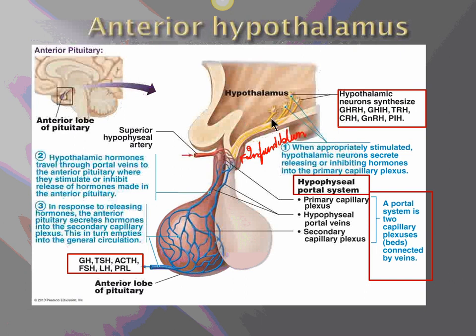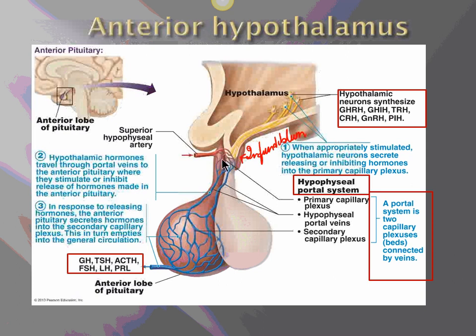You can see the neurons have these axons. The releasing and inhibiting hormones will travel in the axons, but they'll stop short right here. Unlike in the previous slide, where the axons went all the way up to the posterior pituitary, they stop here and release their hormones into capillaries which are present here.